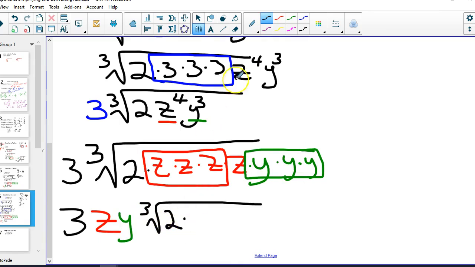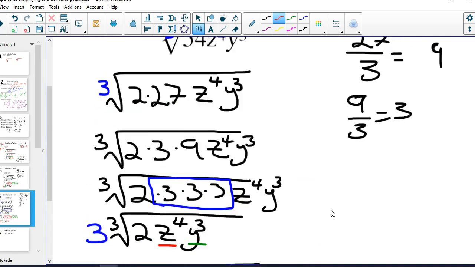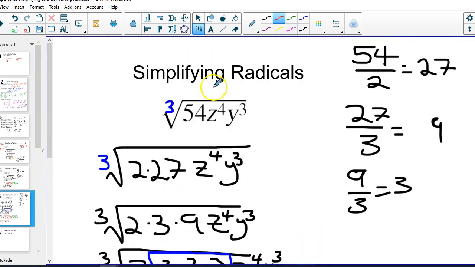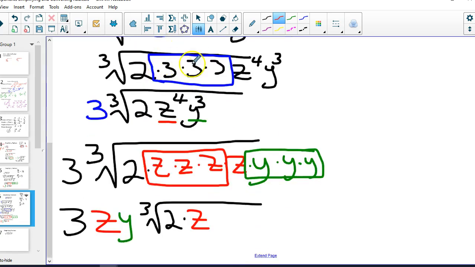We have 2 times, left on the inside we still have a z. And that would be the simplified radical. Very similar to square roots like you've done before in previous classes. It's just now when the power increases, instead of looking for perfect squares or pairs of 2, we're now going to look for perfect cubes, or it's easier to identify, it's just sets of 3 factors.